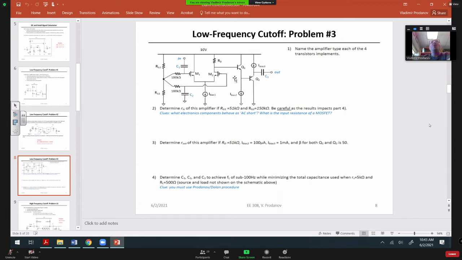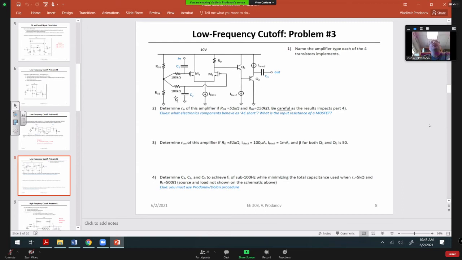So DC-wise, this circuit is nicely balanced because you have no voltage drop across this, no voltage drop across this. This potential is actually delivered DC-wise to both gates and therefore balances the topology nicely.